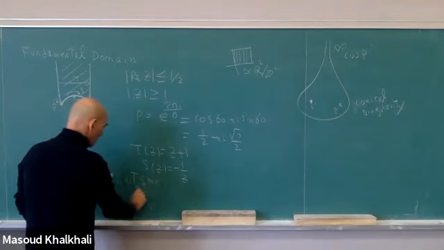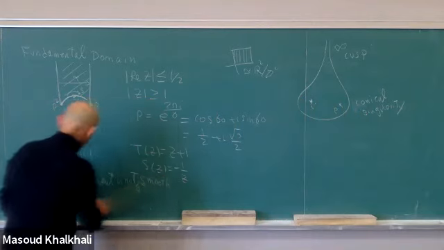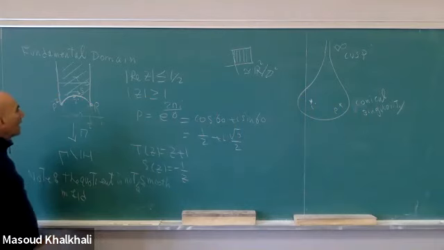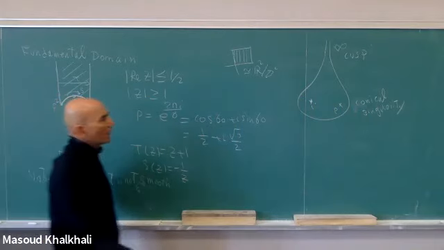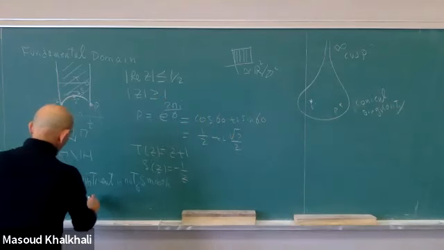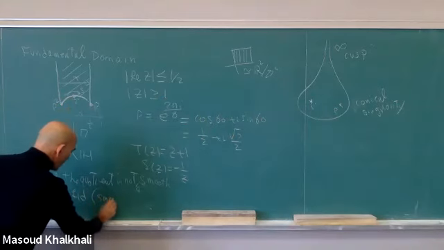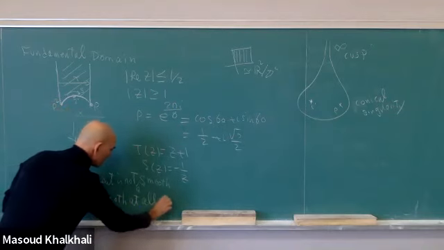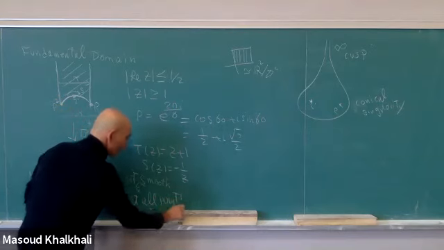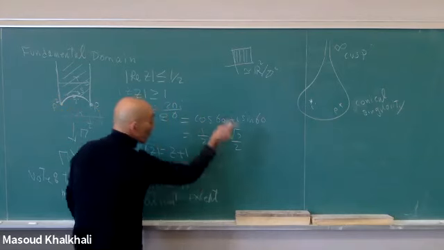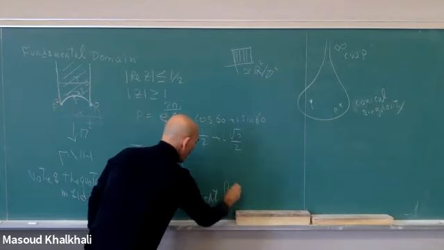It's smooth everywhere except at rho and i. So in fact, smooth at all points except rho and i. Let me tell you why.